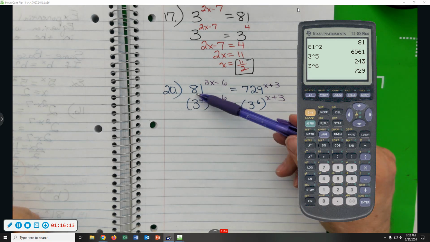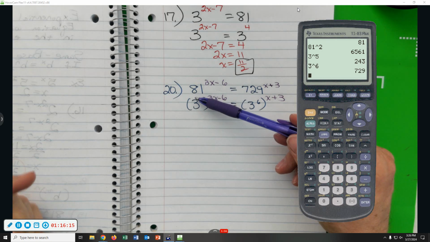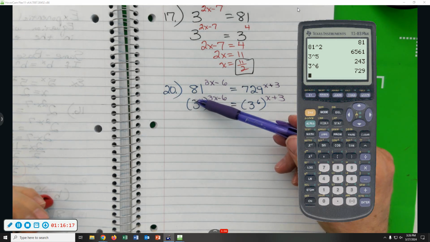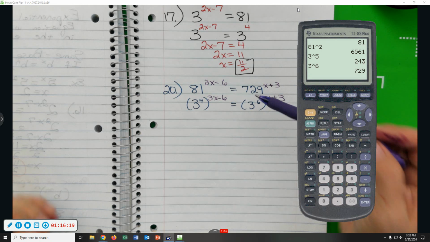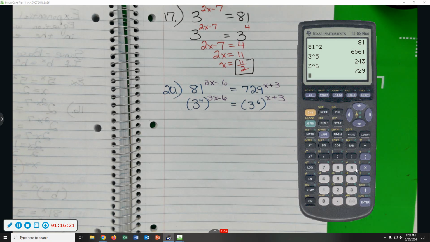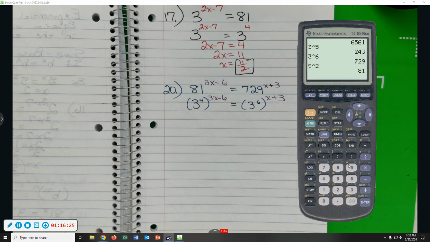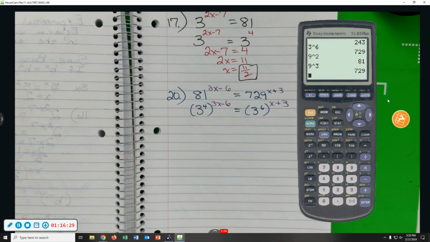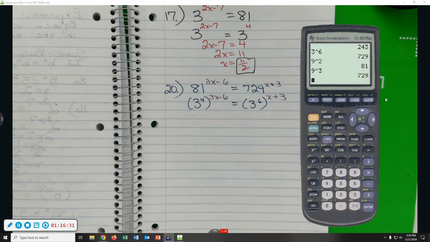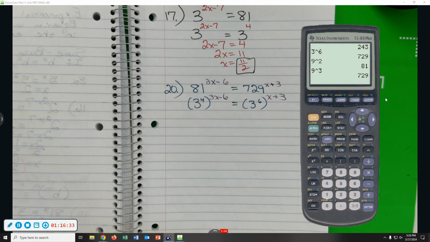Otherwise, I would have tried 9, and I'll tell you something, 9 would also work as a common base, and we'd get the same answer. 9 squared is 81. Look at 9 cubed, 729. So we could have used a 9. We'd still get the same answer at the end.